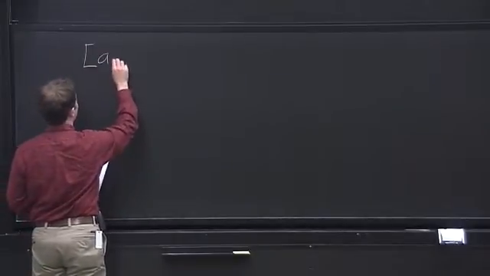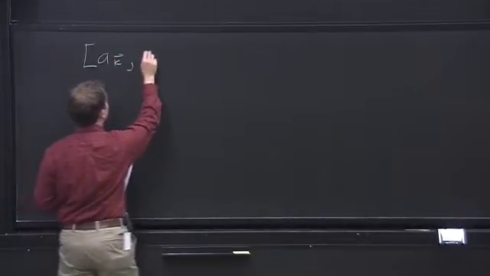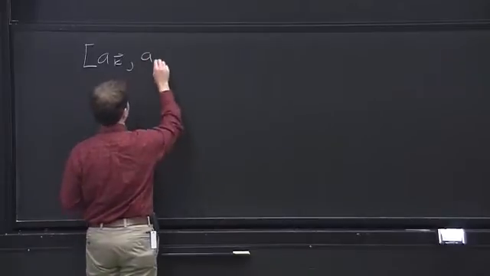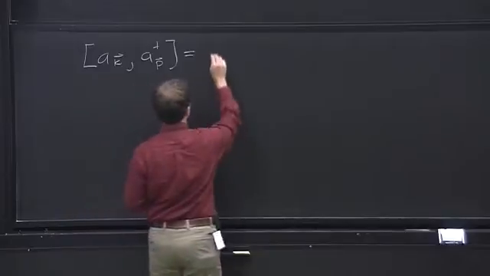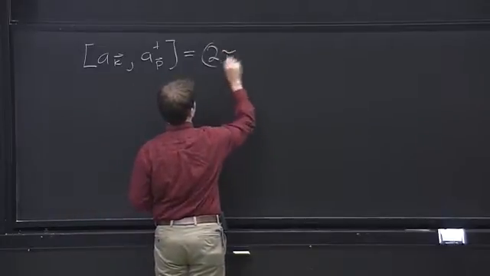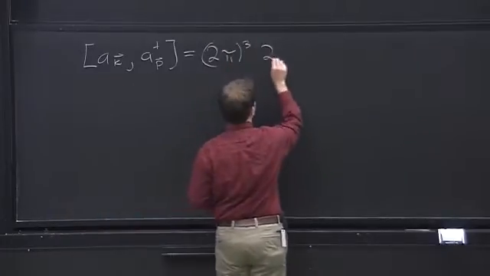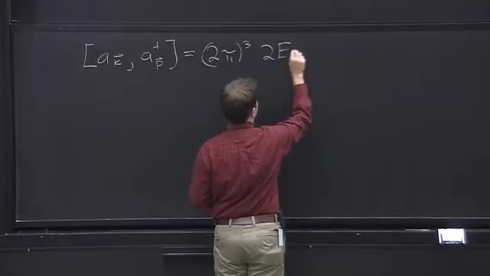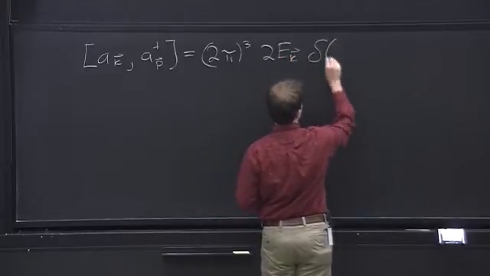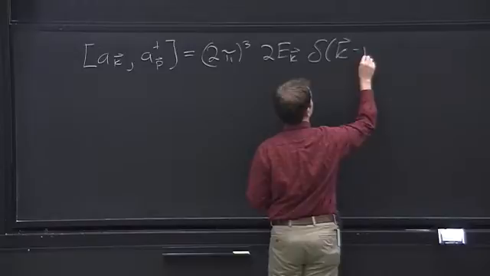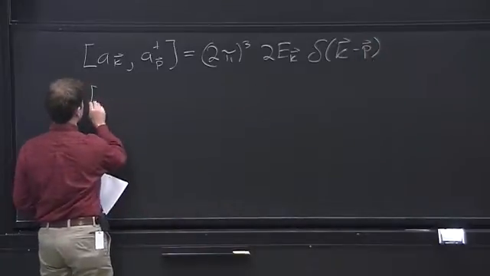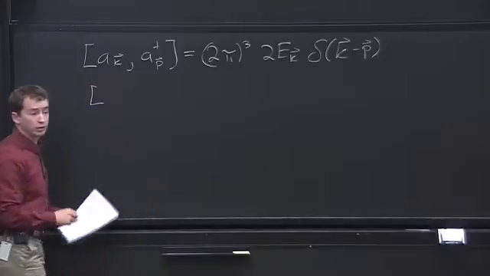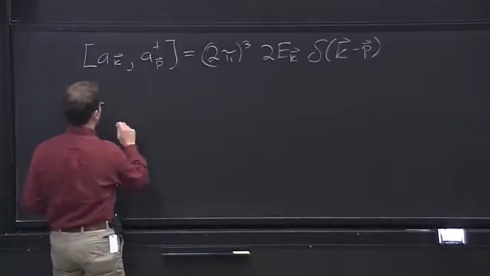So what you'll show is that the commutator of a_k with a_p dagger is (2 pi)^3 2E_k times a delta function. And the a_k's all commute among themselves, as do the a daggers.